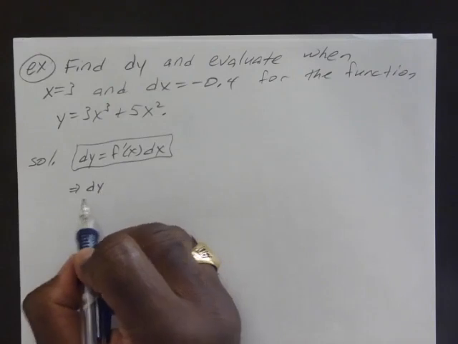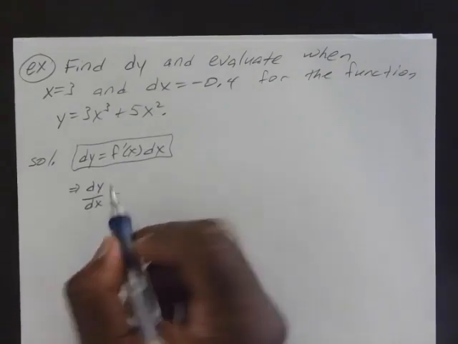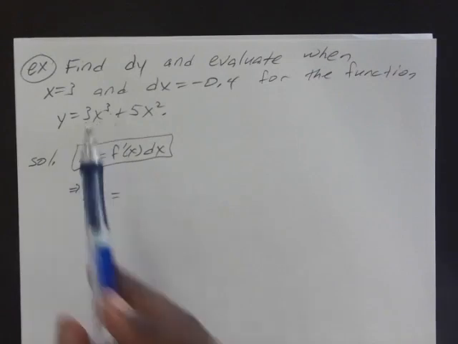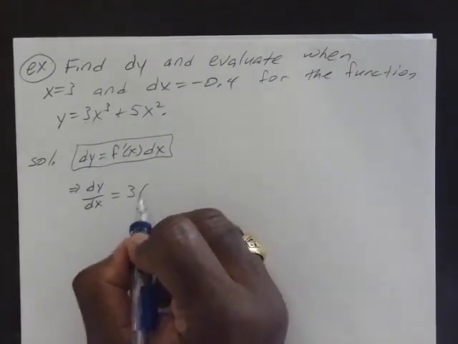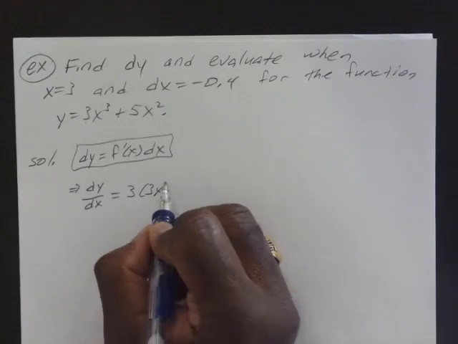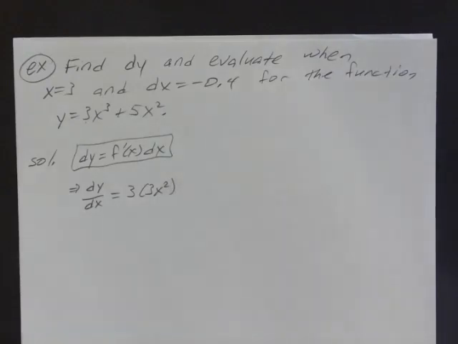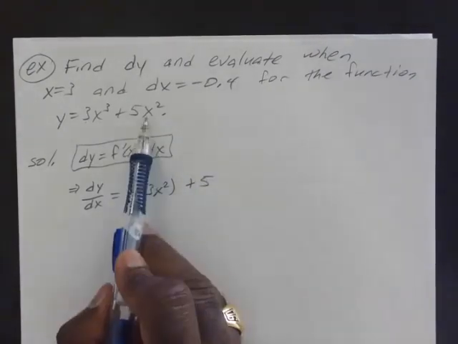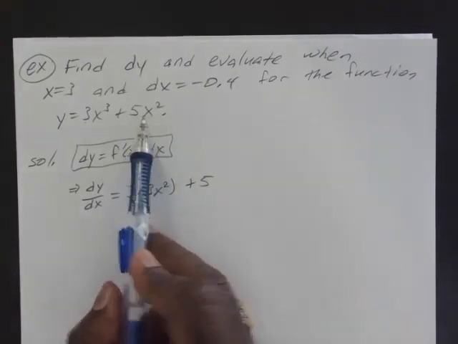So your derivative of y with respect to x is just 3 times the derivative of x to the third power, so 3 times 3x squared, plus 5 times the derivative of x squared, which is 2x.